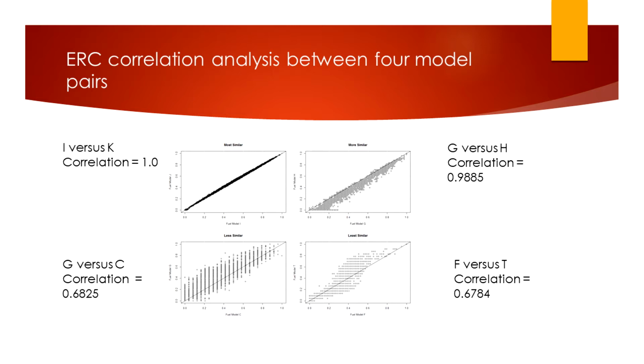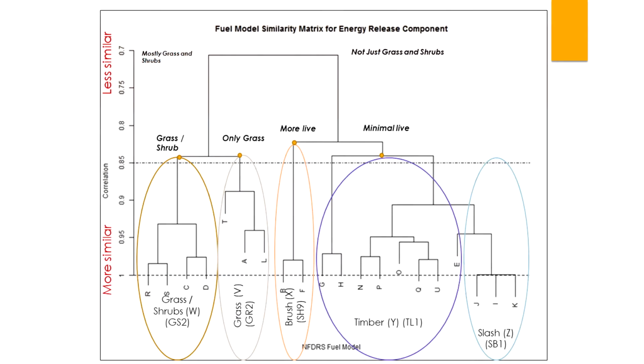So that's what this figure is. The lines here, right here, if you follow this across, that is the correlation between these 3 fuel models. So I, J, and K have a correlation between each other of 1.0, meaning that they're absolutely not unique.